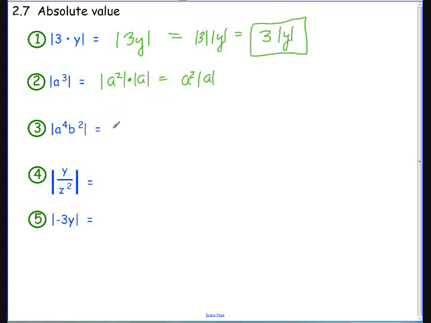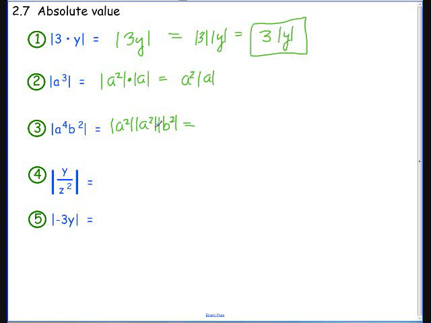How about this one? Well, this could be written as the absolute value of a squared times the absolute value of b squared. If a is negative, or if b is negative, it's never going to go negative.